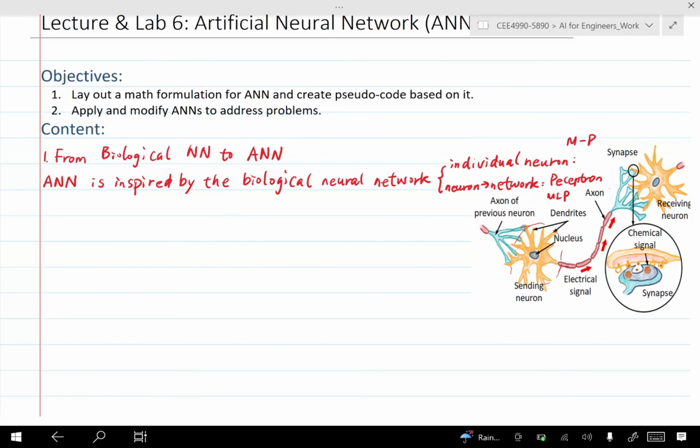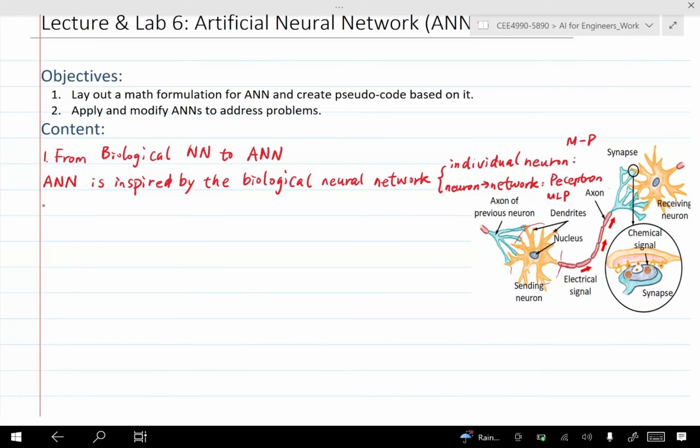And when the chemicals get into the neighboring neuron, those chemicals will change the electrical potential of the neighboring neuron. So in that way, the neighboring neuron may be activated. This process can start from one point and then propagate through the whole network, because each neuron is connected with several neighboring neurons.